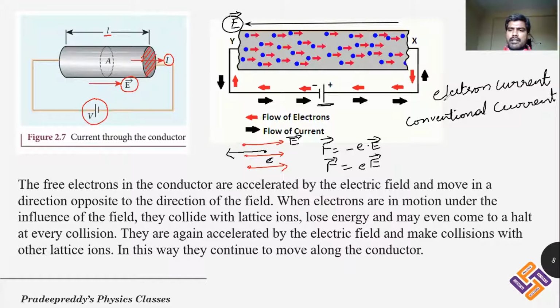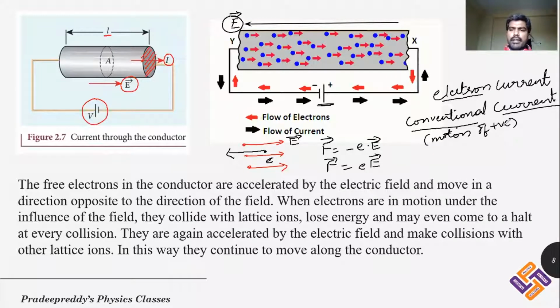Electron current, name itself tells you, is produced due to motion of the electrons, whereas conventional current, by default, is treated as motion of positive charges in external electric field. Conventional current is motion of positive charges. So in which direction positive charge flow, that is taken as conventional current direction.